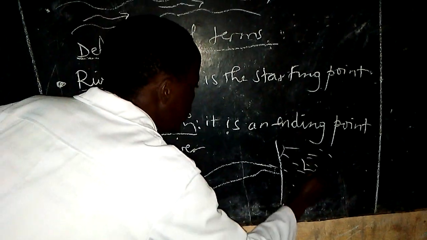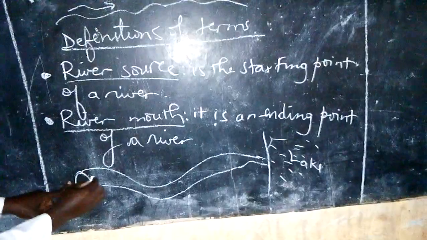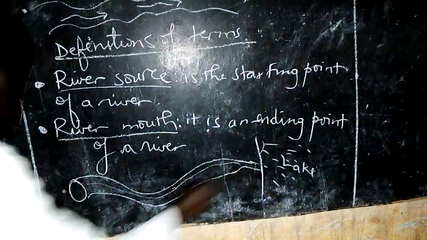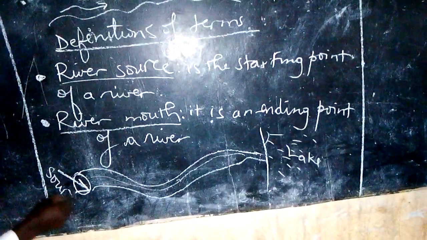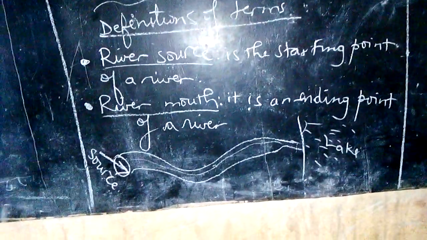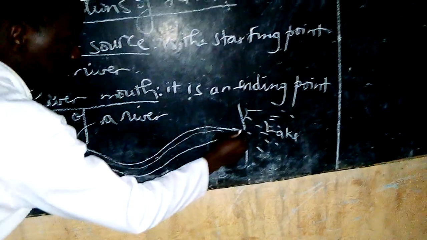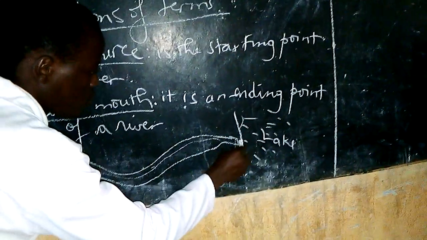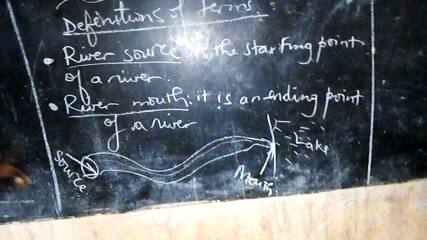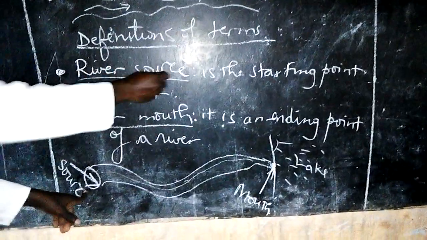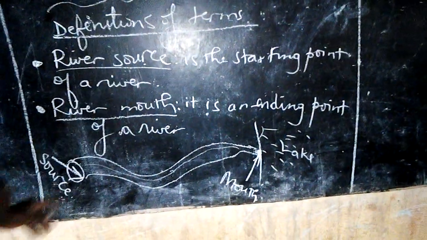Suppose that this is a lake, and a place where this river begins or starts is called a river source. And a place where the river ends is called a river mouth. Meaning that where a river starts is the river source, and where a river ends is the river mouth.